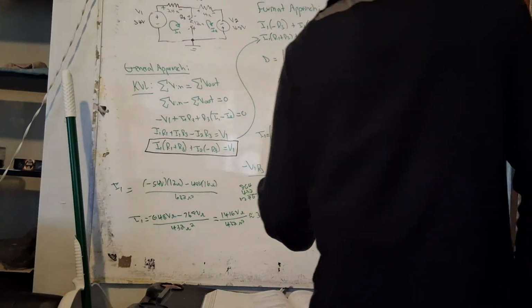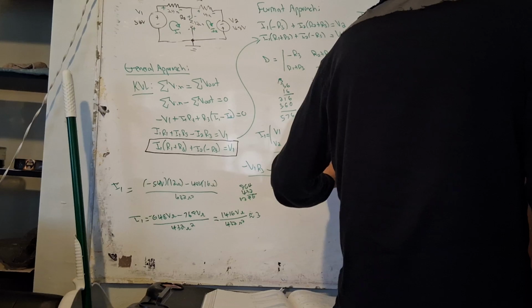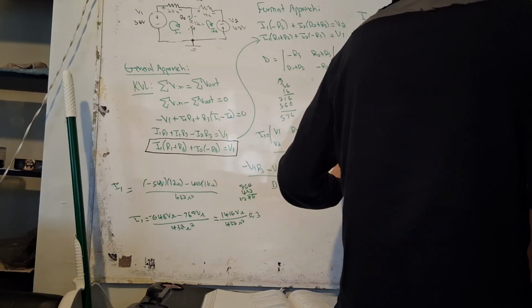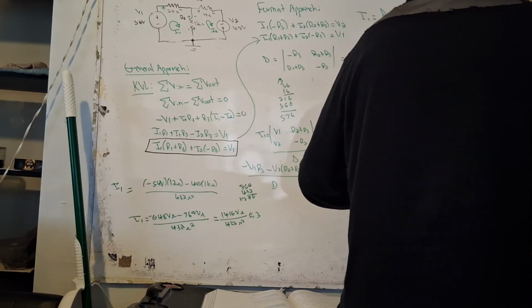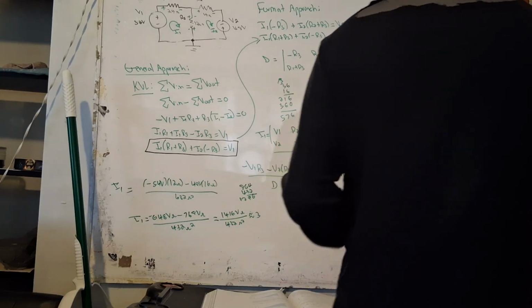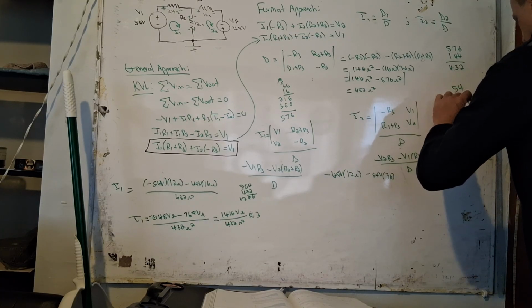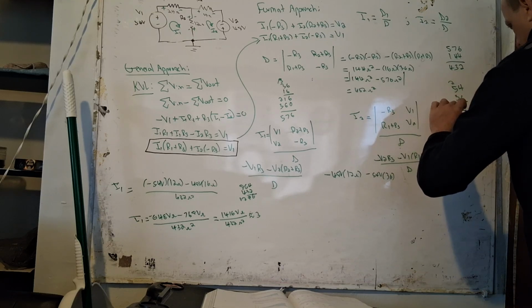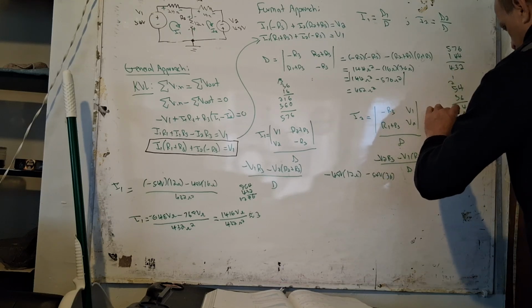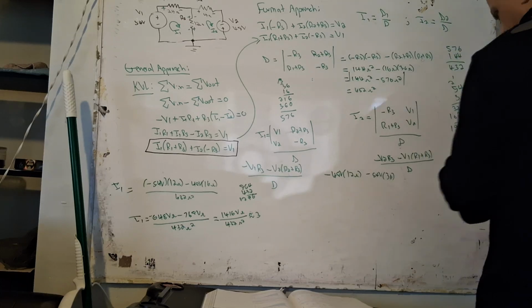And let's see what we get here. Negative 48 volts times R3, which is 12 ohms, minus 54 volts times R1 plus R3, that's 36. So that one is going to be the biggest number we had a product of. And 48 and 12, that's pretty simple.